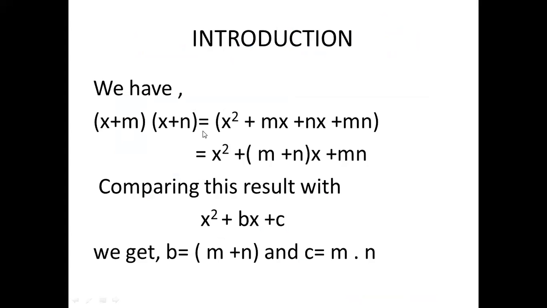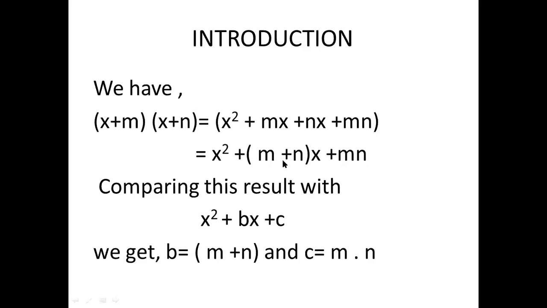When we multiply them, x into x, x square, m into x, mx, n into x, nx, n into m, mn. Okay, like this we multiply. After that, when you take common from these two middle terms, x is common, then m plus n is left inside the bracket.